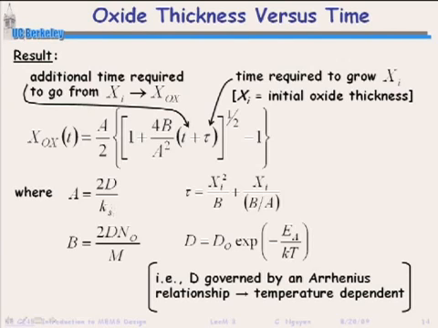And then you have this tau, which can be interpreted as the time required to grow that initial oxide X sub I, which depends on X sub I, of course, plus these different constants here. Okay? I'm going very quickly through this. This is all in Jaeger. This is all here, too. You can go slowly on this later on if you want. But yeah, I'm going quickly, and I know it.